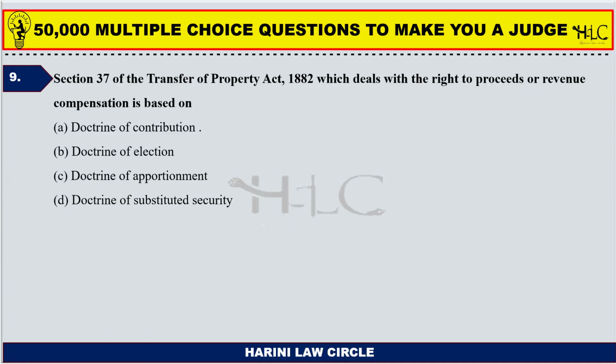And when I say revenue compensation, there is something which is rewarded as a part of revenue, some financial gain through compensation. So election, apportionment, you don't transfer any position or ownership. So there is no apportionment there. There is no doctrine of election, no substituted security. So the correct answer is option A, doctrine of contribution.